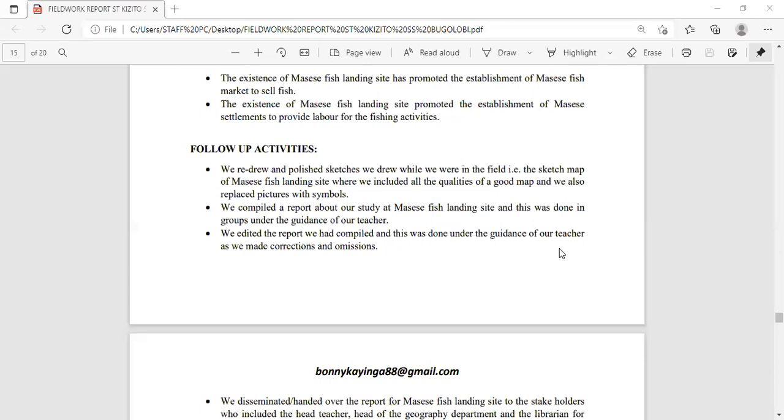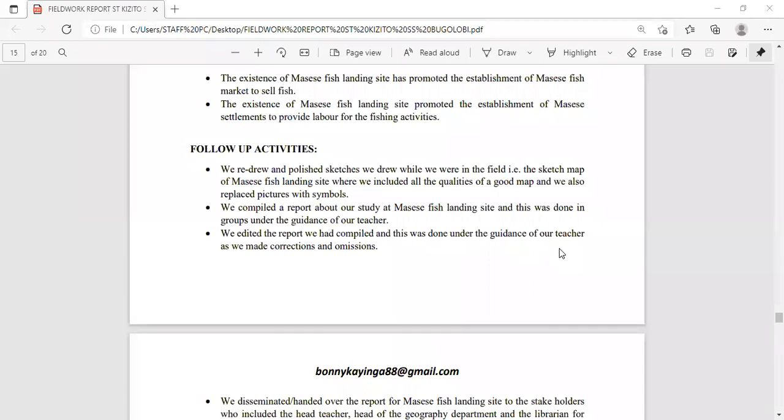It is when you use the methods to collect data, isn't it? That is what we call fieldwork. When you go to the field and then you start using the methods to collect data, to collect information in the field.